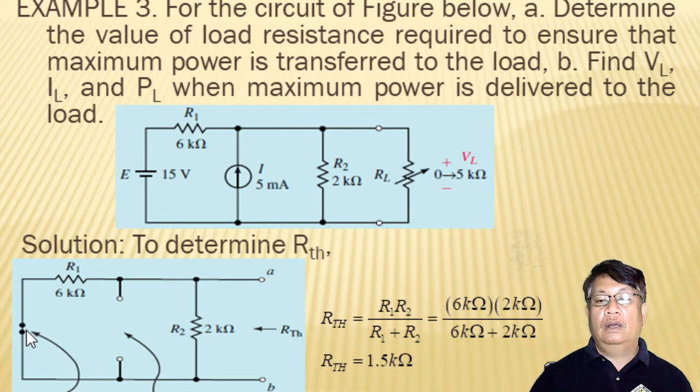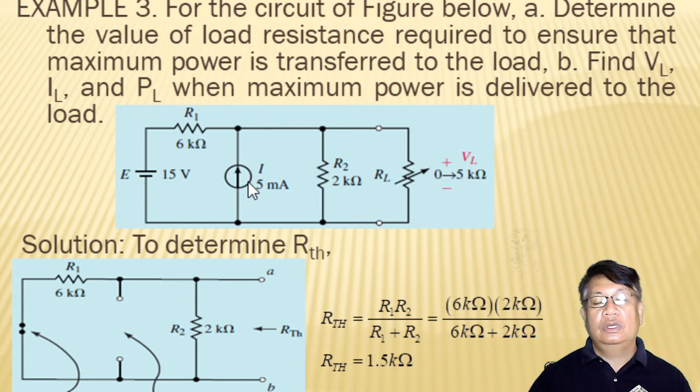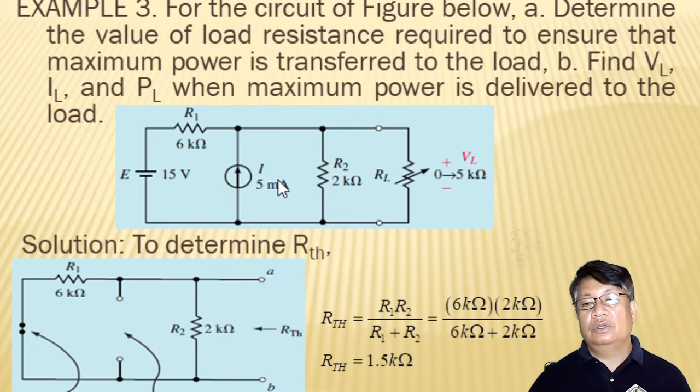Now, how are you going to eliminate the current source? Take note, the current source can be eliminated by simply disconnecting or removing your current source of 5 milliamperes.